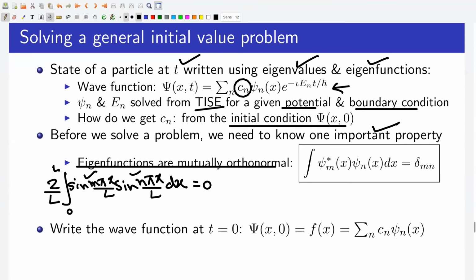M and n, both of them are integers, but they are not equal. However, if m is equal to n, then this integral from 0 to L of sin square(n pi x by L) dx will turn out to be equal to 1.